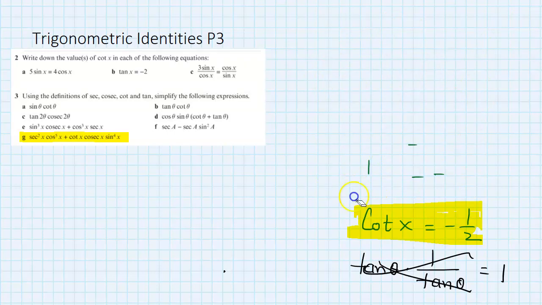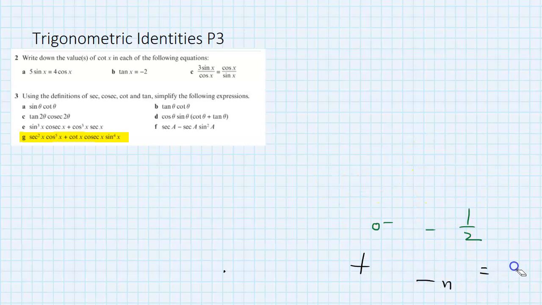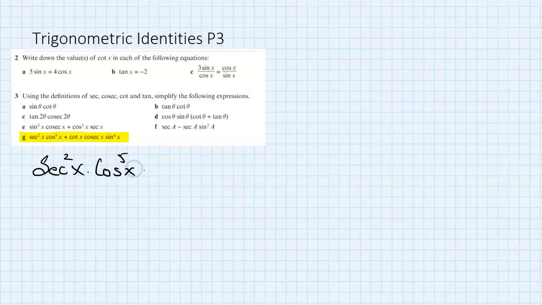Let me see how we are going to solve this. Okay, let me write this question for you. That is sec square x cos 5x plus cot x cosec x sin 4x.